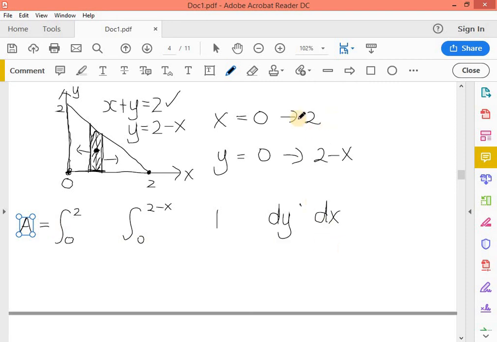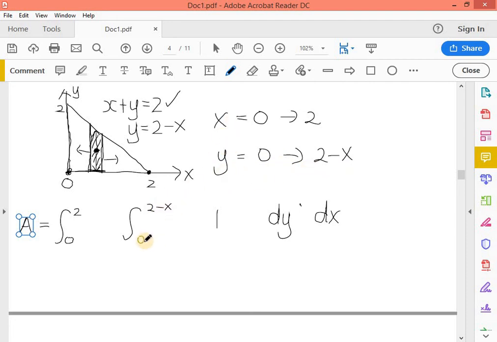I repeat again. After you define the interval, you put the one that has constant value outside. No variable, no x squared, no y to the power of anything. Your value, you have to put it outside. And the remaining, you put it inside.